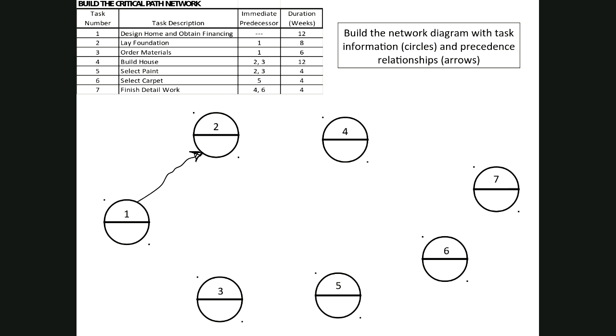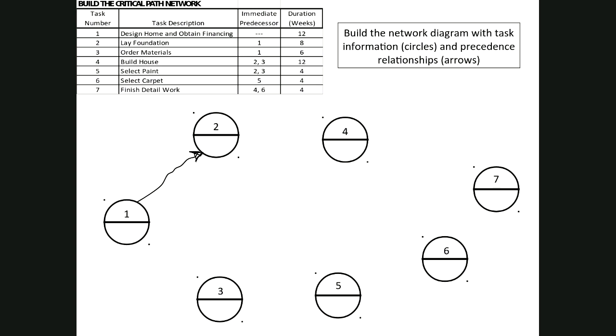Number one, it's important to get the precedence relationship correct, but it's also important to have arrows on the end of your lines, because as these networks get more and more complicated, you need to be able to understand exactly that 1 precedes 2.